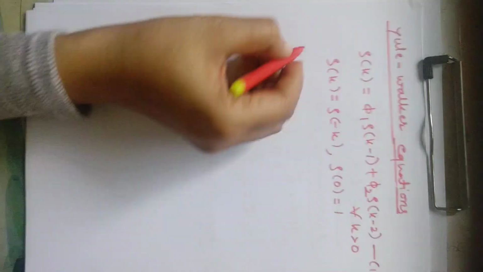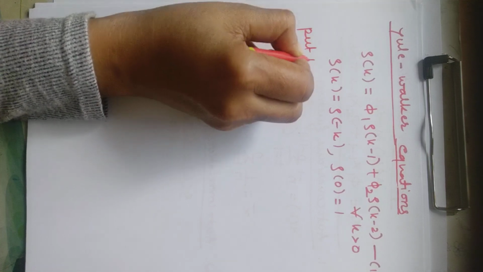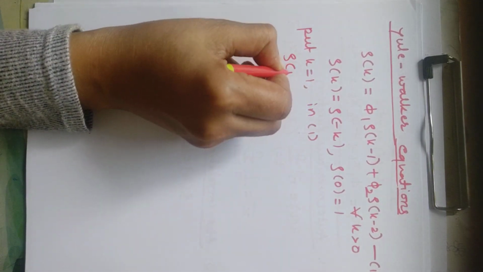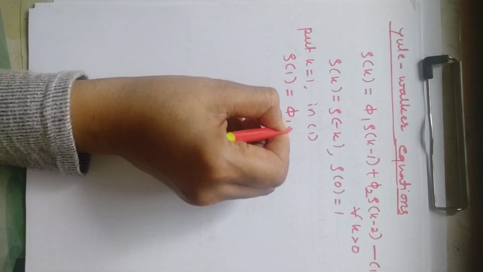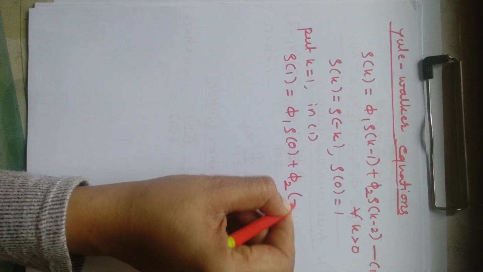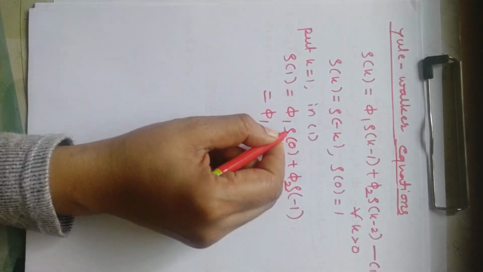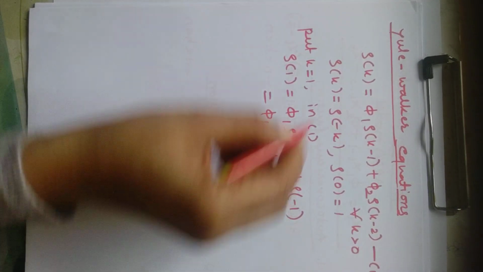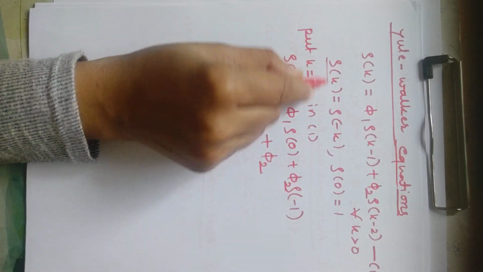So now substituting here, I will call this equation 1. Put k is equal to 1 in equation 1. We get rho of 1 is equal to phi1 rho of 1 minus 1, which is rho of 0, and we know that rho of 0 is 1, plus phi2 rho of 1 minus 2, which is rho of minus 1, and rho of minus 1 is rho of 1 by this property.